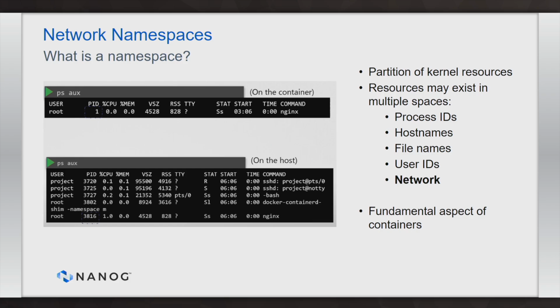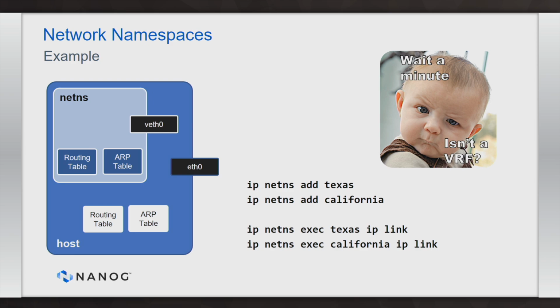But also there is a partition for the network. Then you can isolate a piece of the IP stack on the Linux kernel from what you have in the host. And then you can have in this partition your own routing table, your own ARP table.